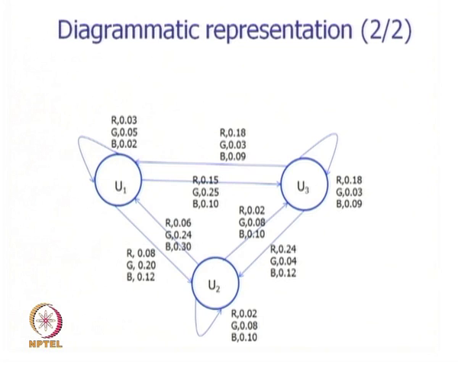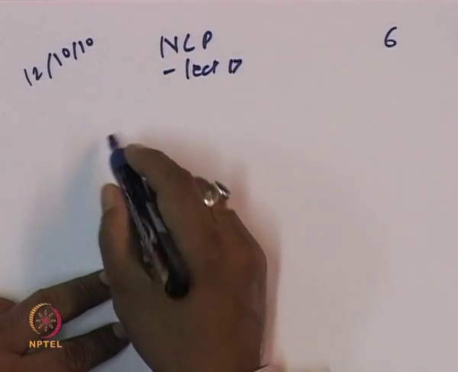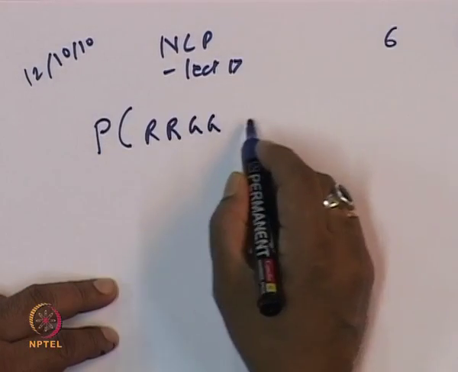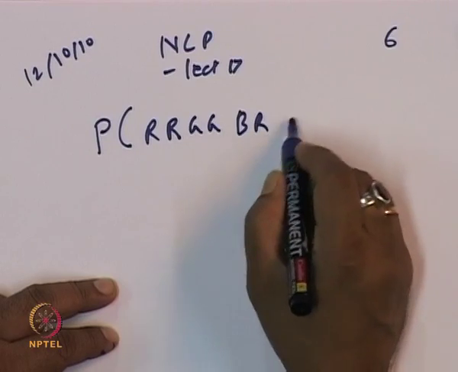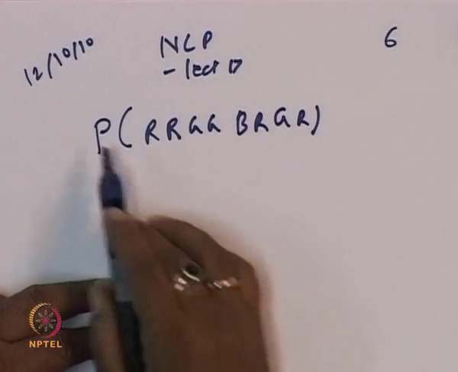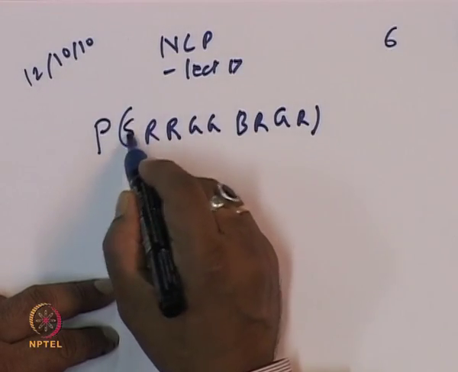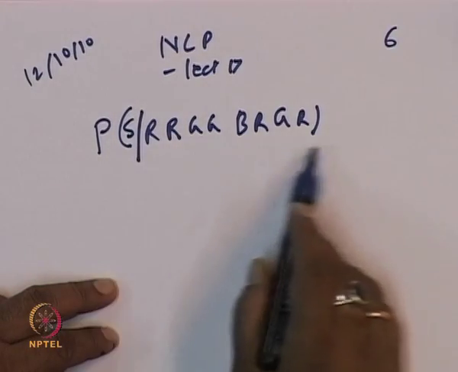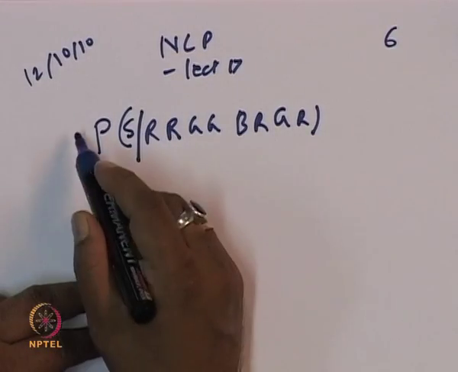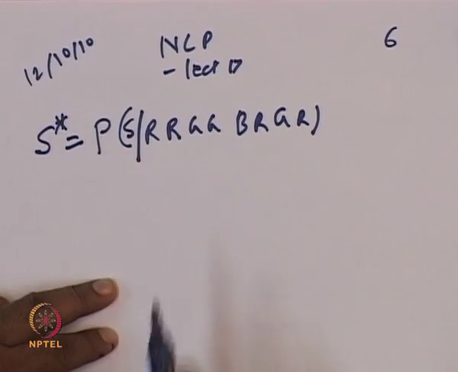So, our goal now is to get the probability value of this sequence P P R R G G B R G R. We want to get the probability of the state sequence S given this observation sequence, and the best state sequence is S star.